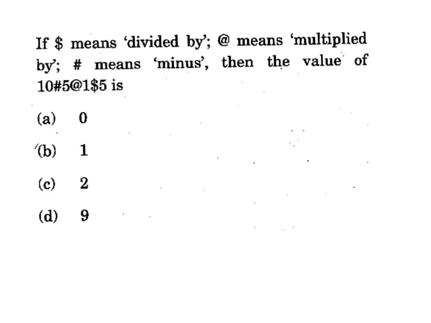If dollar means divided by, at the rate means multiplied by, hash means minus, then the value of the first expression: hash means minus, at the rate means multiplication, dollar means divided by. So use the BODMAS rule: bracket, order, division, multiplication, addition, subtraction.